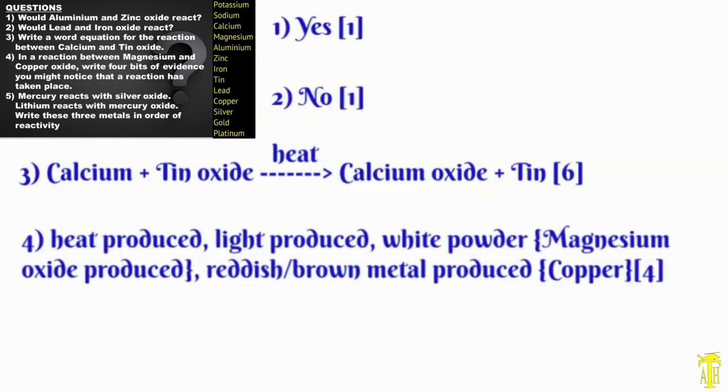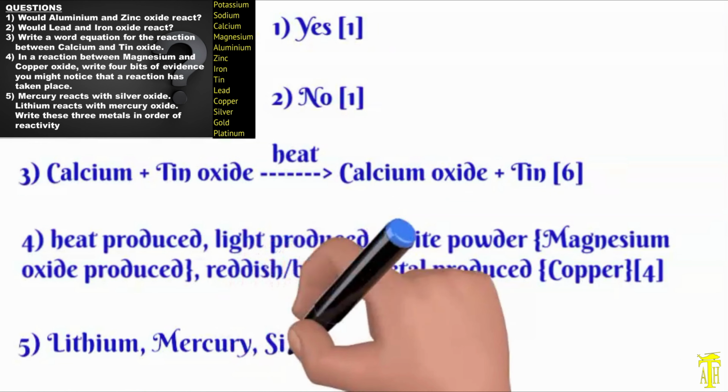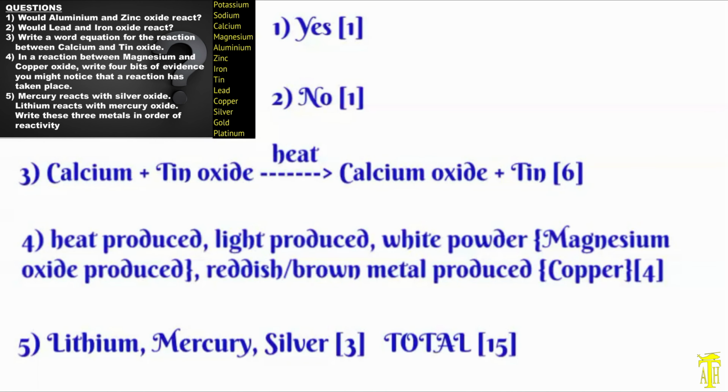Lithium reacts with mercury oxide, so again the lithium is taking the oxygen from the mercury, so lithium is higher than mercury. So if we put those 2 bits of evidence together, our answer should have been lithium as the most reactive, then mercury, and then silver for 3 marks.